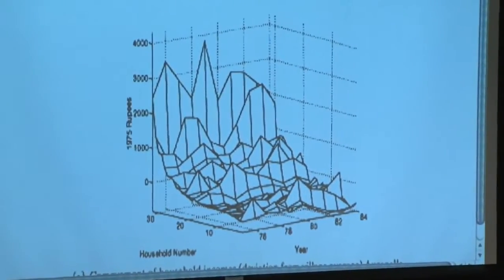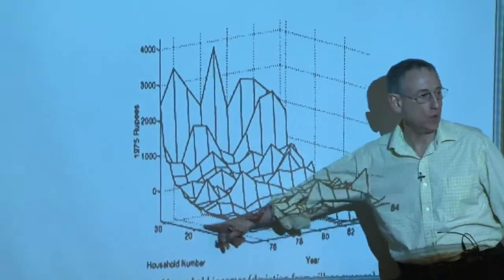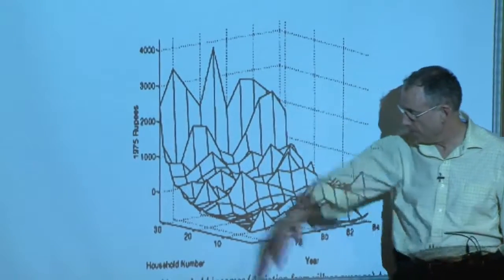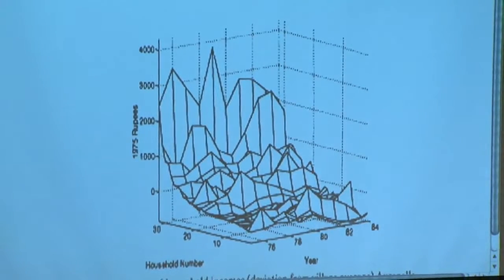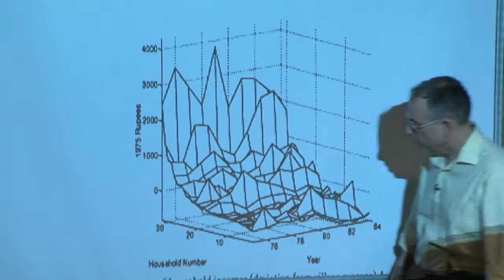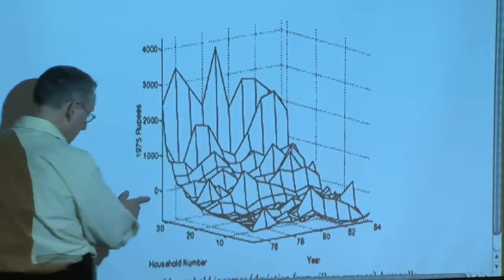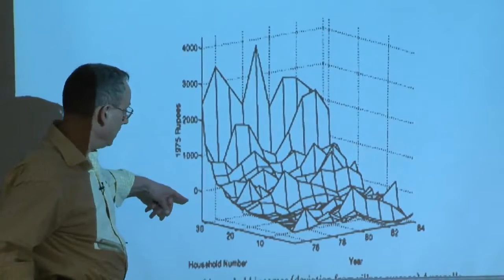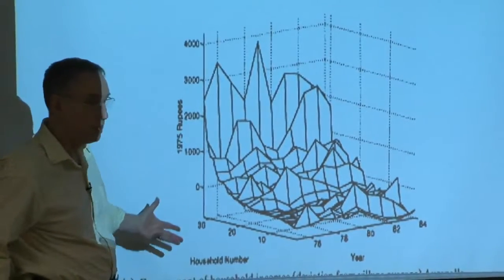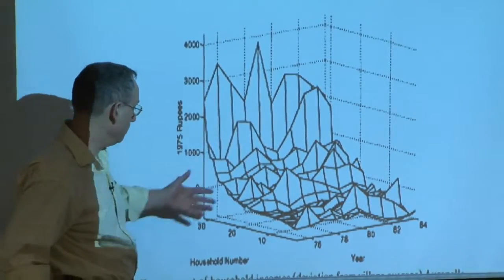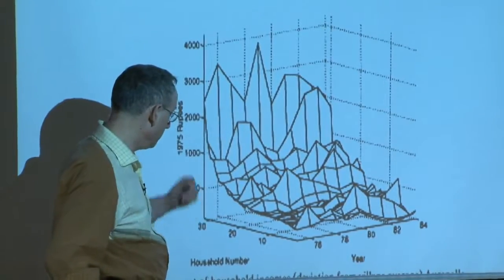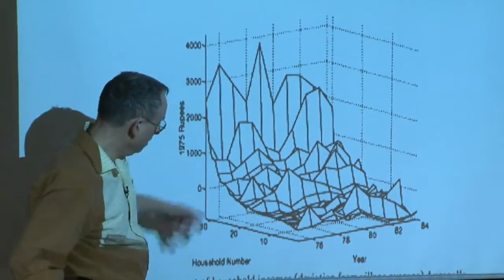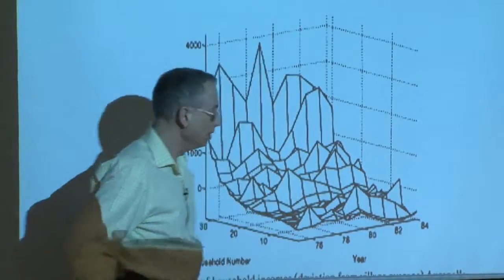The households are lined up roughly by the size of land holdings, and you can see the levels kind of going up as they have more and more land, but there's a 0 here. And so everything on this diagram is deviation from the village average at a point in time. Some people are below and some people are above. You're seeing that in the cross section, and you're seeing that over time.